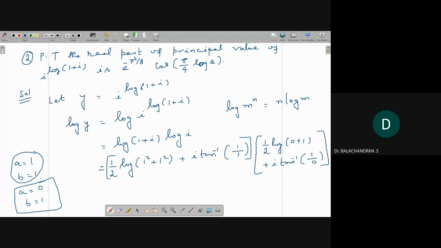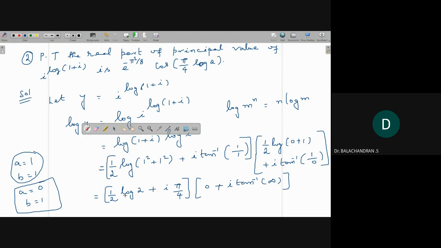So this is equal to half log 1, log 1 is 0, plus i tan inverse of 1 by 0, which is infinity.